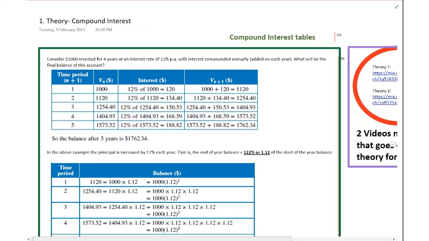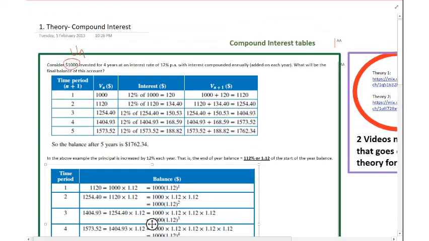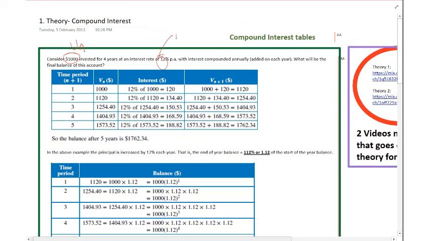We've got $1,000 invested for 4 years at an interest rate of 12% per annum. So we know this is our VN. We're not using these terms yet, but I'm just putting them out there for the moment.